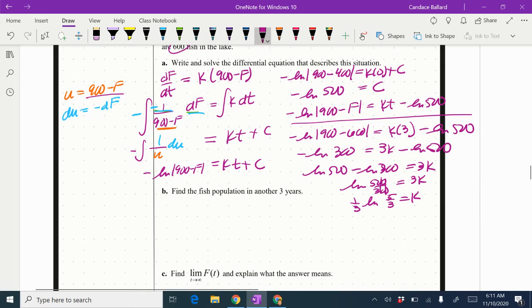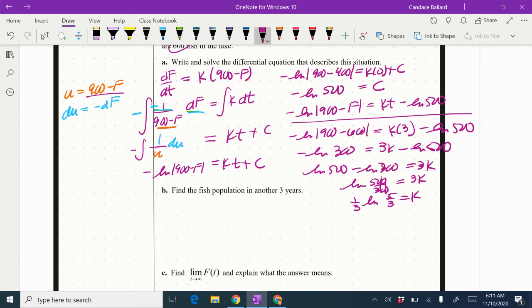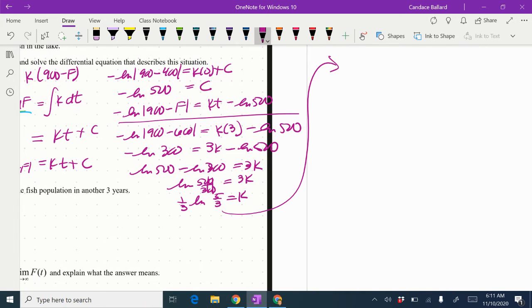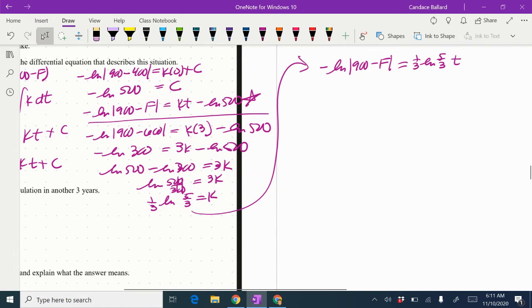So I could rewrite my equation, going back to the one right before I plugged in, so this one right here: negative natural log absolute value of 900 minus F equals 1/3 natural log of 5/3 t, and then minus natural log of 500. Now I'm going to exponentiate both sides, okay?